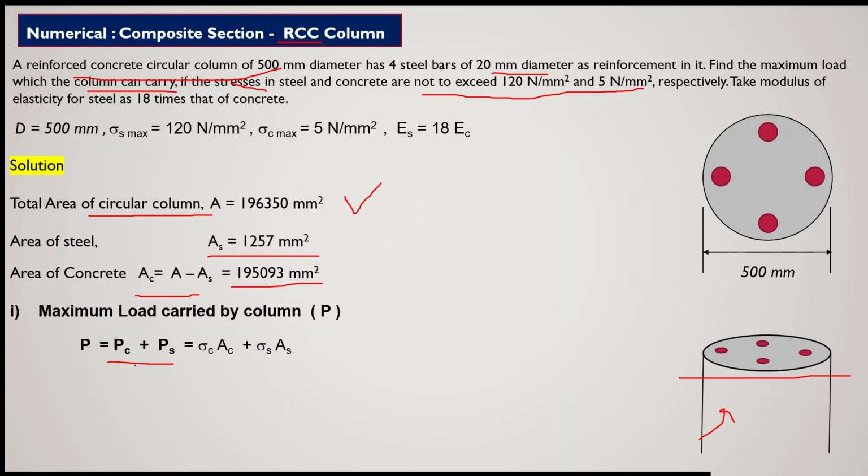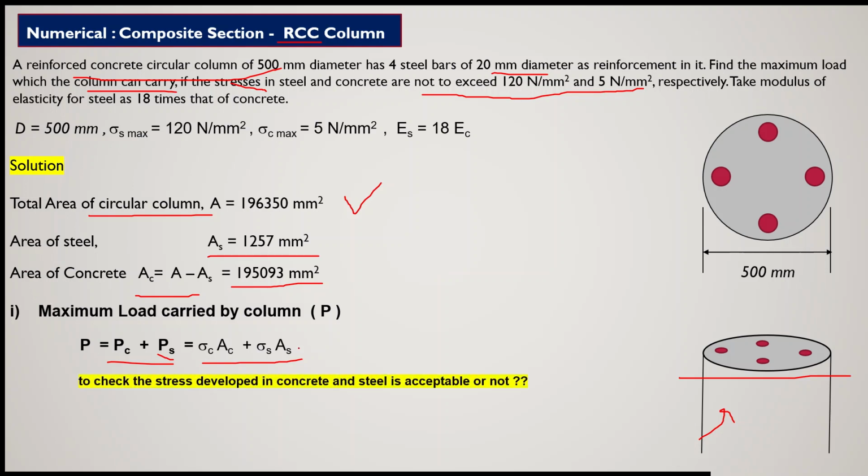PC means the load taken by concrete without any failure, and PS the load taken by steel without any failure. And this will be the formula: P is equal to sigma C into AC plus sigma S into AS. So you have to keep in mind always that neither steel nor concrete should fail. None of them should fail.